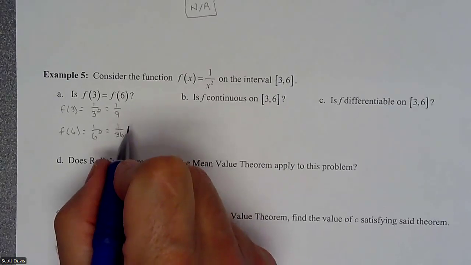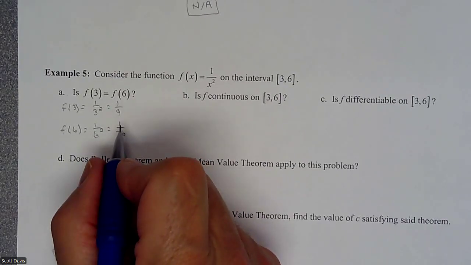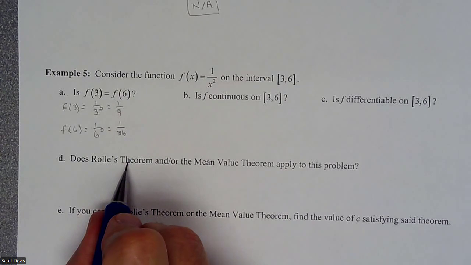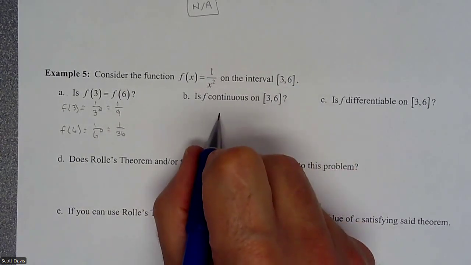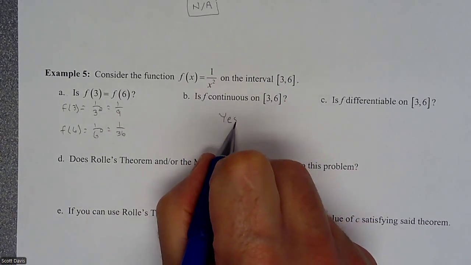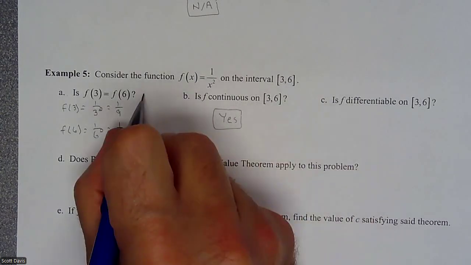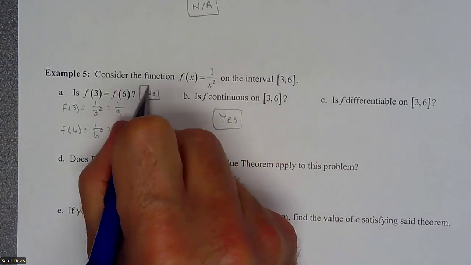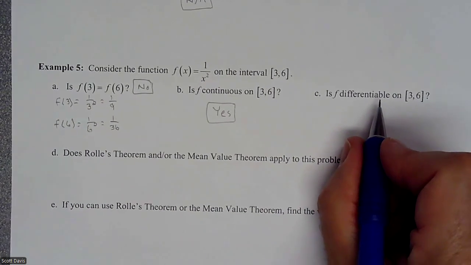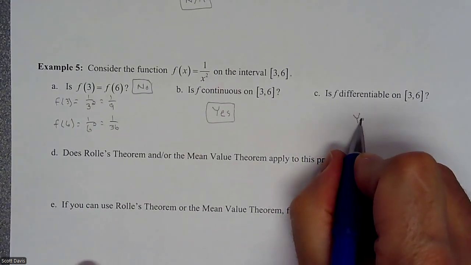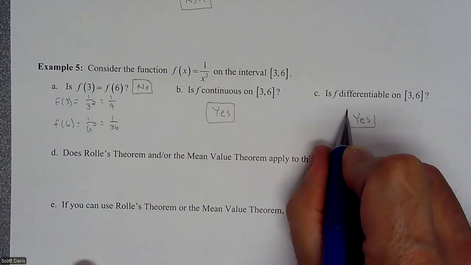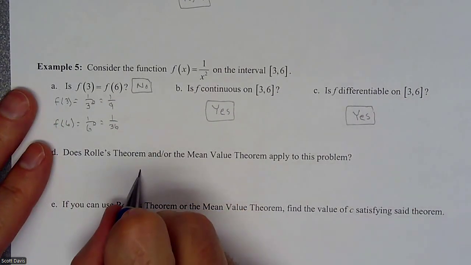We have different y values, so it's not Rolle's theorem. Is it continuous? Yes. Is it differentiable? Yes, there are no breaks or weird spots in between. So we're looking at the mean value theorem.